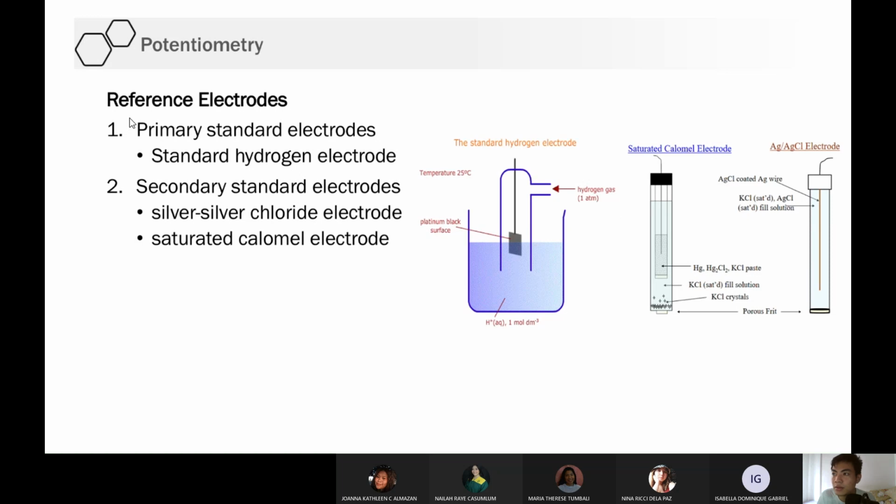If we have reference electrodes, there are two types. You have the primary or the secondary standard. For the primary standard, we use the SHE, the standard hydrogen electrode. That means the chemical inside is hydrogen gas.